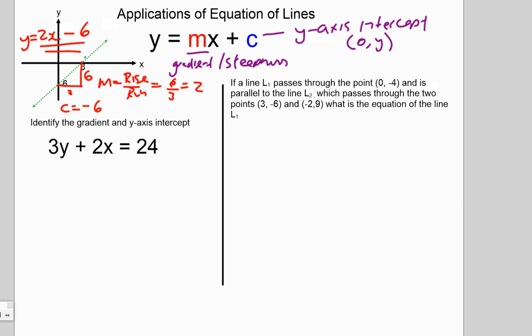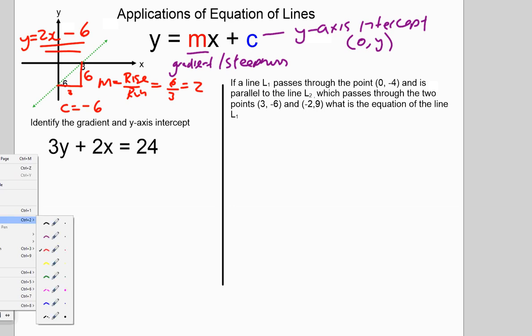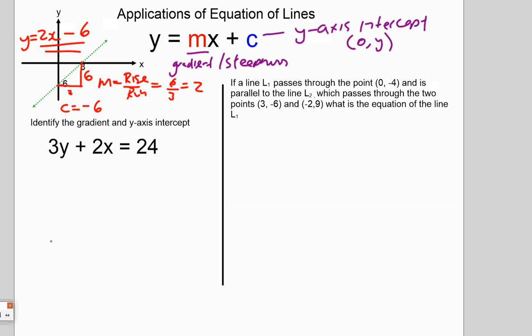Sometimes we're asked to identify the gradient and y-axis intercept of a straight line before we move on to the next question. For example, we might want to find a line that's parallel or perpendicular to it. So we need to be able to rearrange and put it into this gradient y-intercept form.